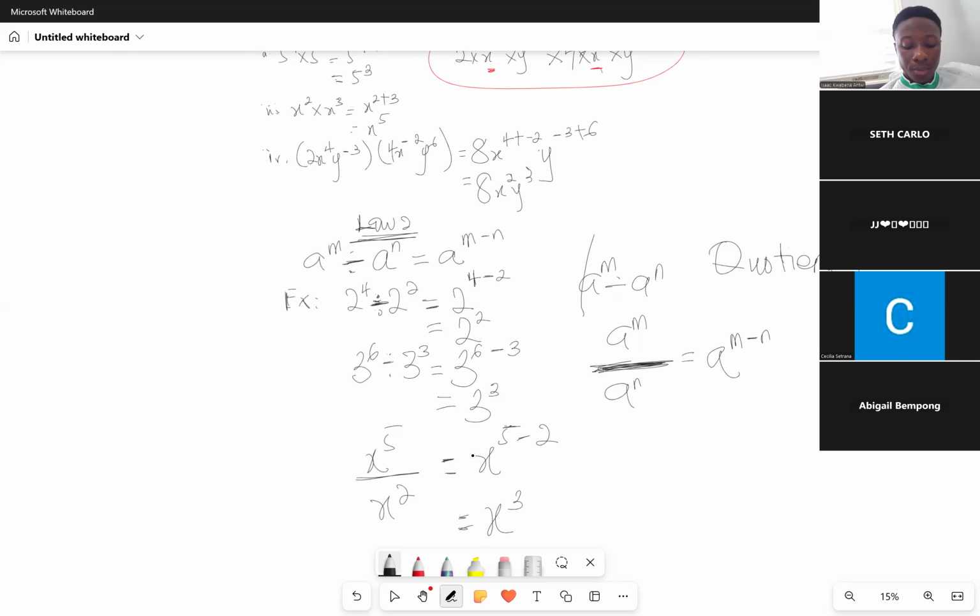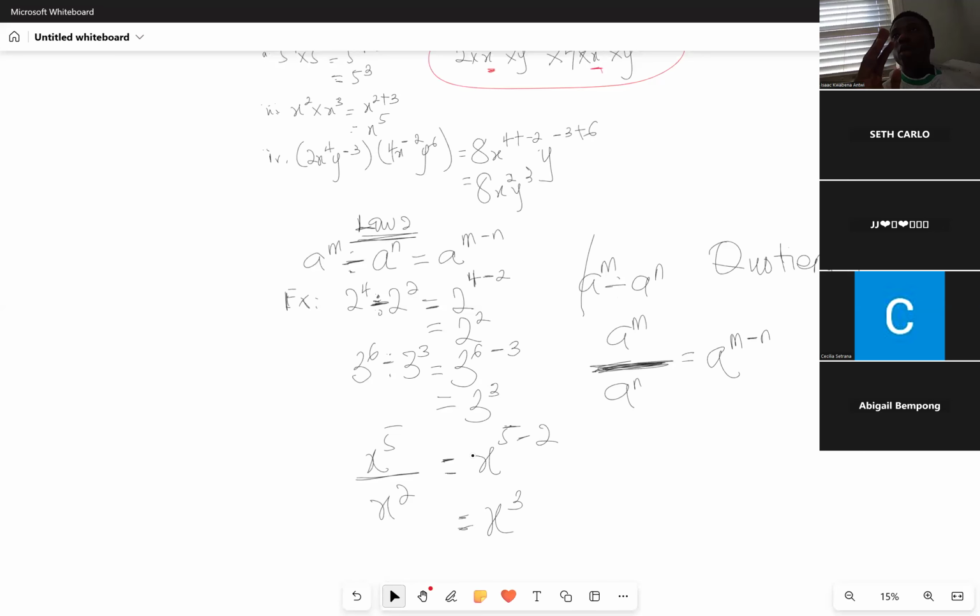We are done. Let's look at the third law. That's the last law. So now you know how to represent numbers in index form, and you know the laws associated with it. When you see them multiplying, you know what to do. When you see them dividing, you know what to do.